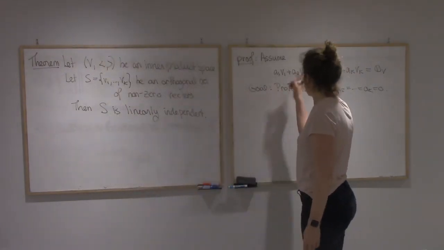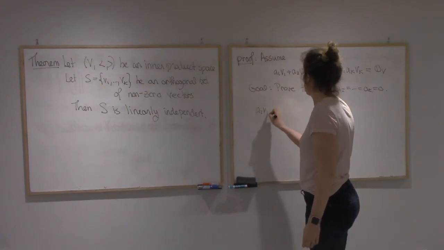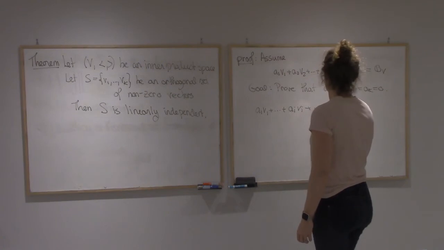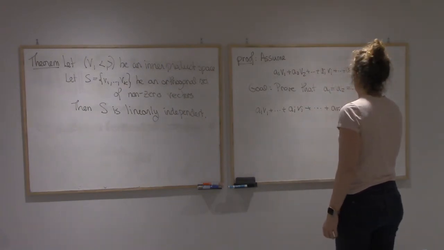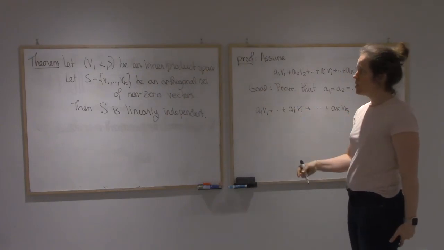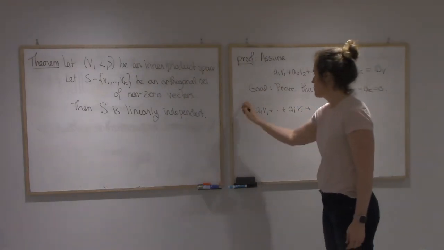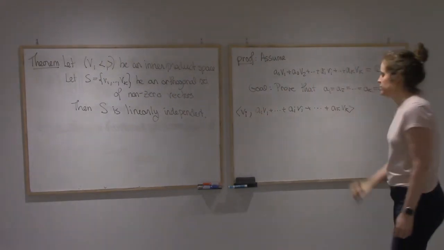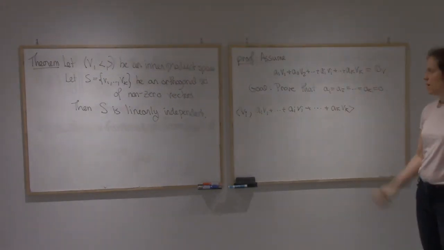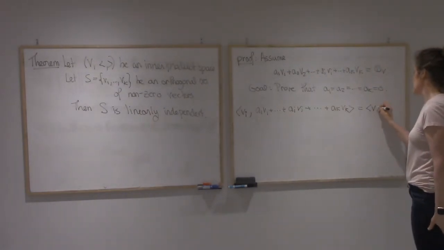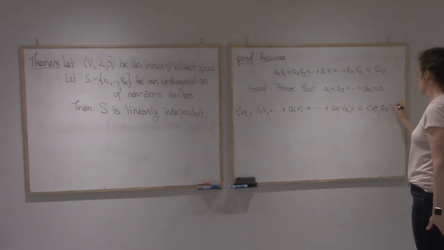Alright, so let's take this equation, and I'm going to take its inner product with Vi. This is the zero vector, so that's the same thing as Vi dot 0 vector.